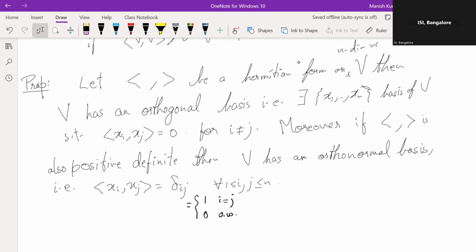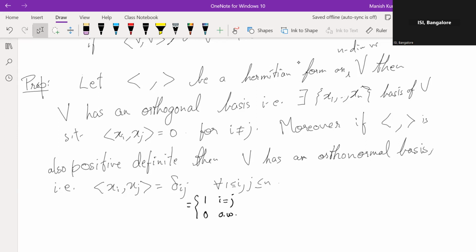If the form is non-zero, then again you find a vector that pairs with itself non-zero, look at its orthogonal complement, write v as the direct sum of this vector and the orthogonal complement, and then apply induction. That is how we proved it there.